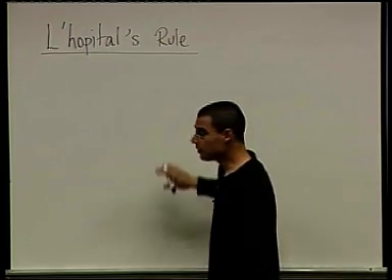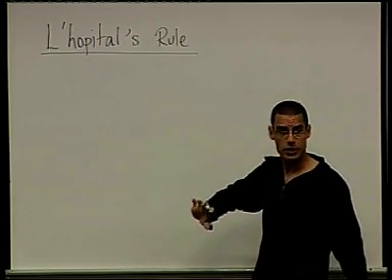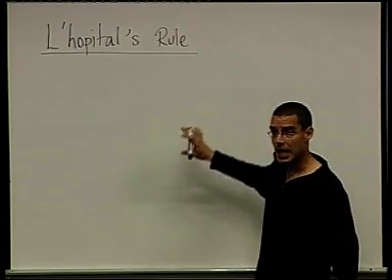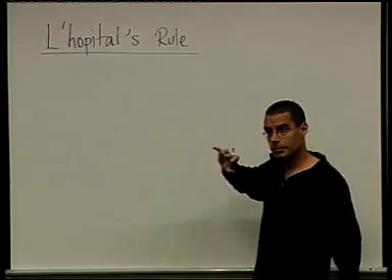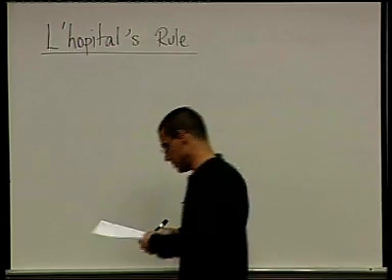Before I write the actual theorem, this is what we're going to discuss from now until the end of the lecture today. I want to do an overview, discuss the story.